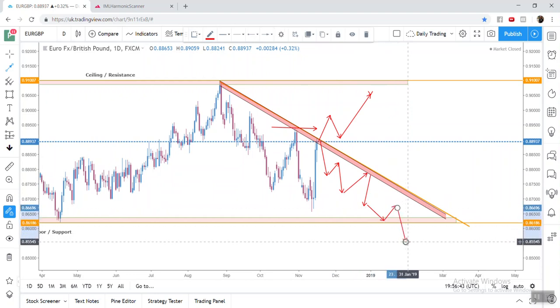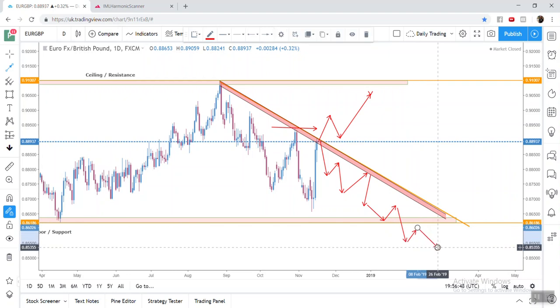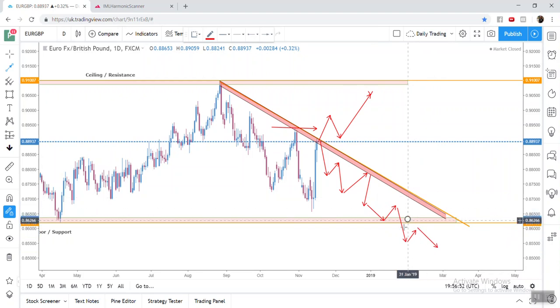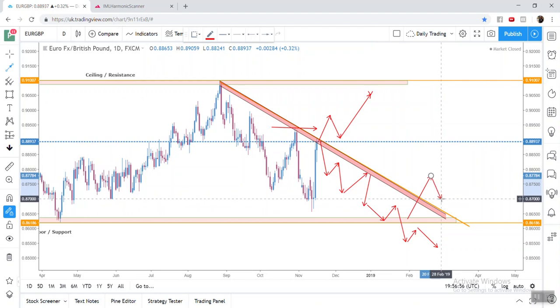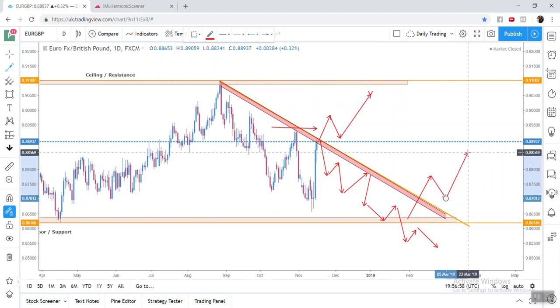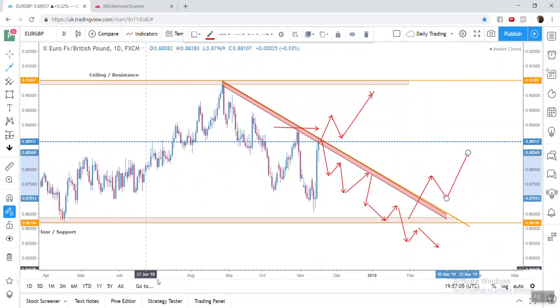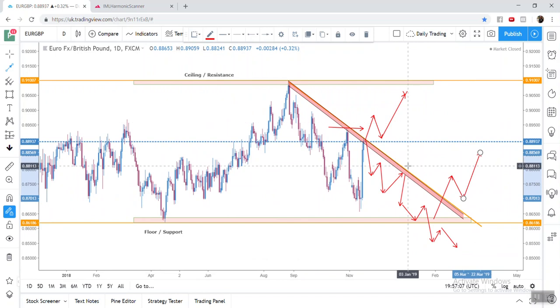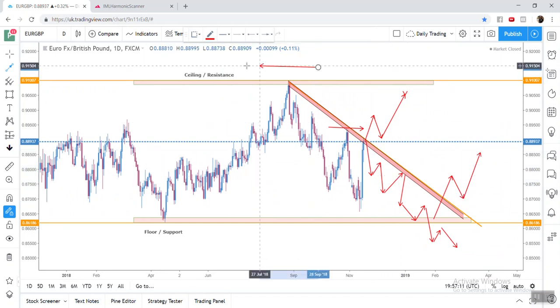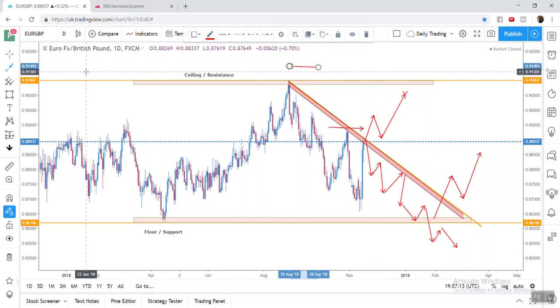It's either going to come down, test here and continue lower, or it will go up, but it has to break this trend line before it can go up. Now, this is on the daily time frame, as we said.